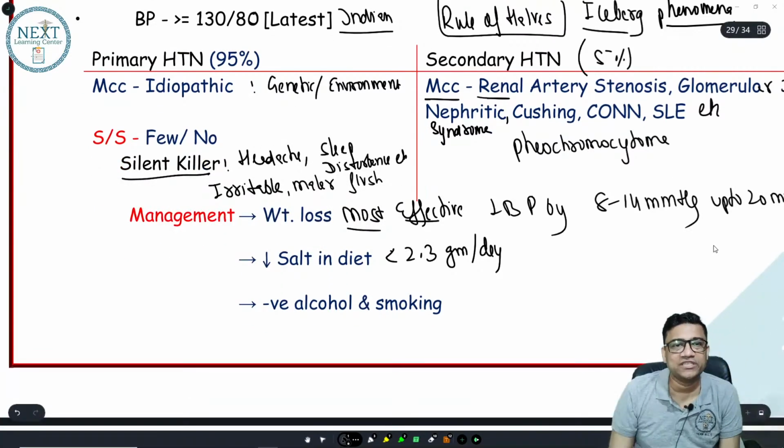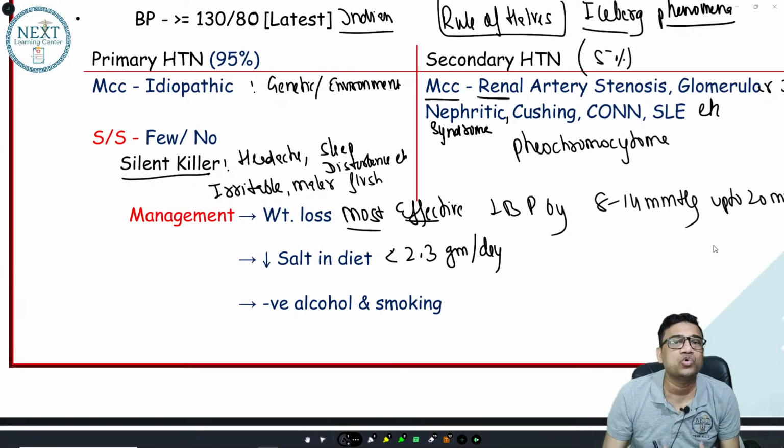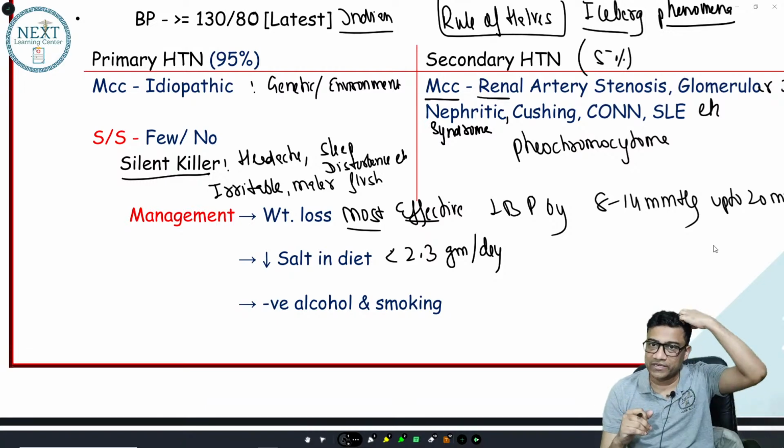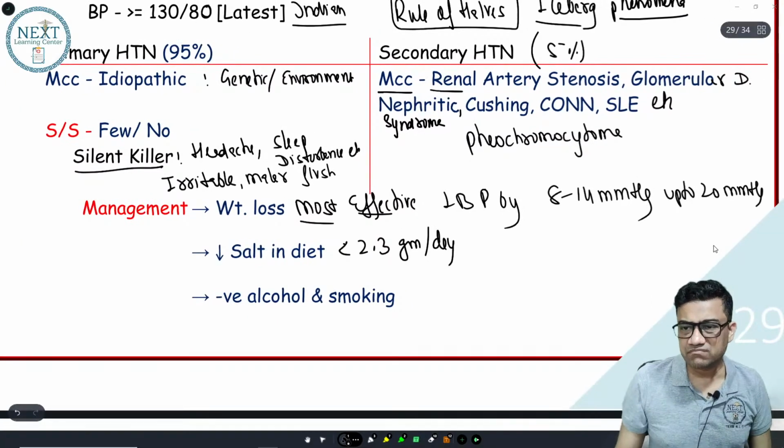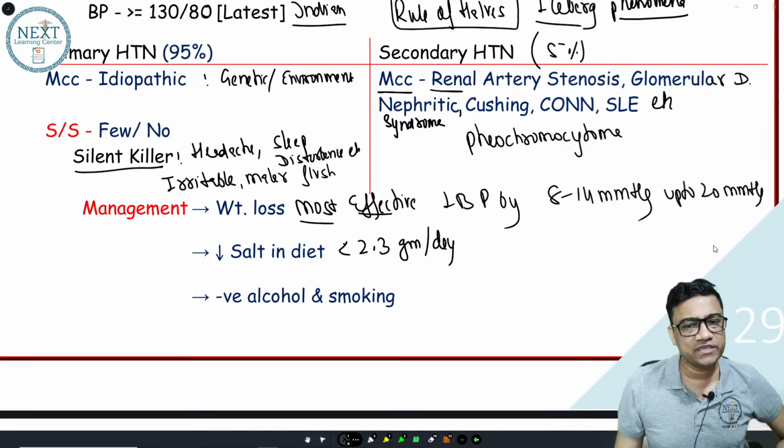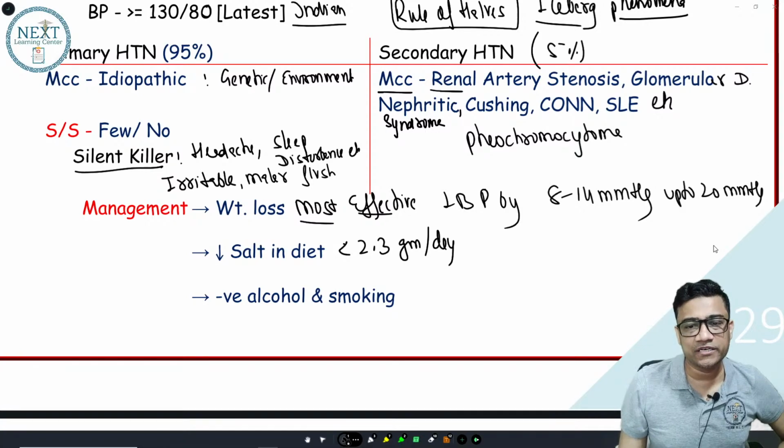Primary hypertension is idiopathic, means there is no known reason. It is genetic or environmental factors. And secondary is 5%. It is due to any other disease.